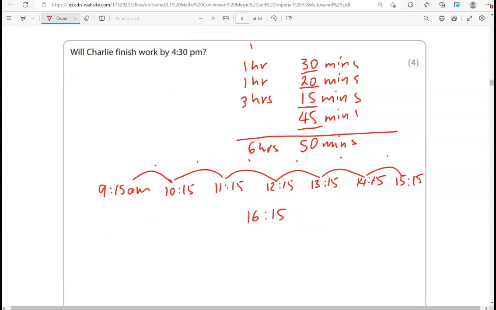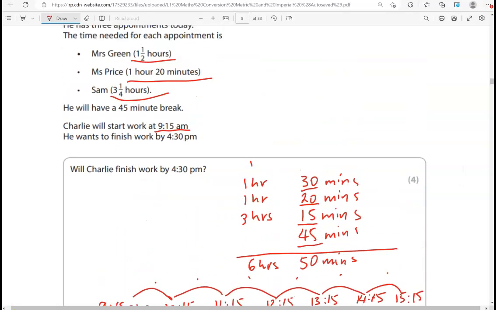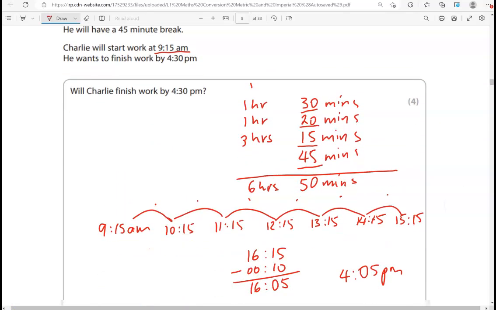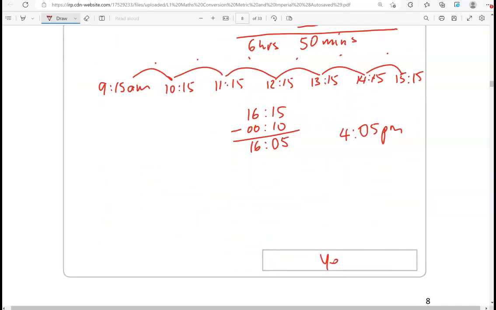So we've added 7 hours, now we're going to take away the 10 minutes. 5 take away 0 is 5, 1 take away 1 is 0, so that is 4:05 p.m. So will Charlie finish work by 4:30 p.m.? The answer is yes.